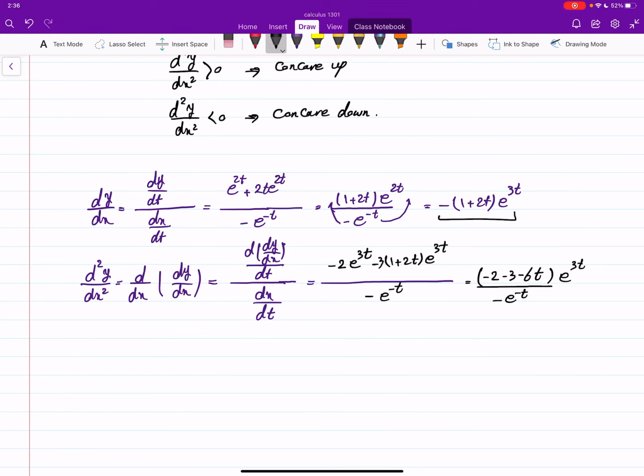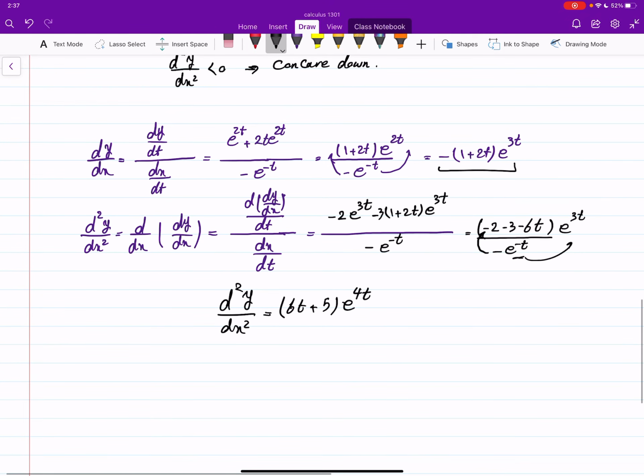And do the same kind of work that we did before. So we go ahead and simplify everything here. So this will be 6t plus 5. And again, I multiplied that negative sign inside. I also can bring this up, so this will be e to the power 4t. We want to see where this is positive and where it is negative. So I set that equal to 0 and see that e to the power 4t must be 0 or 6t plus 5 must be 0.